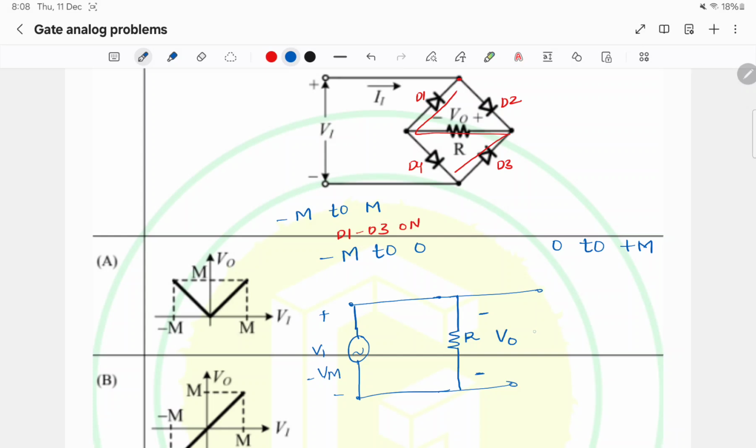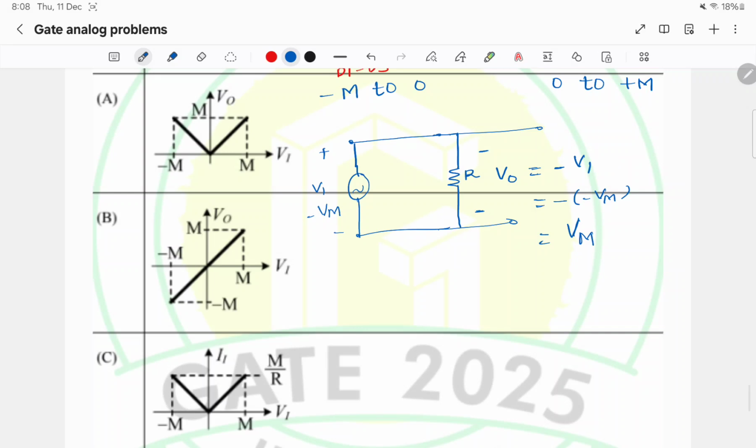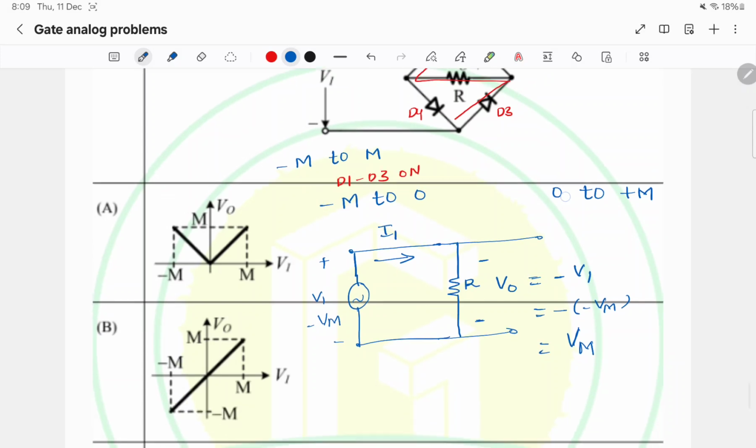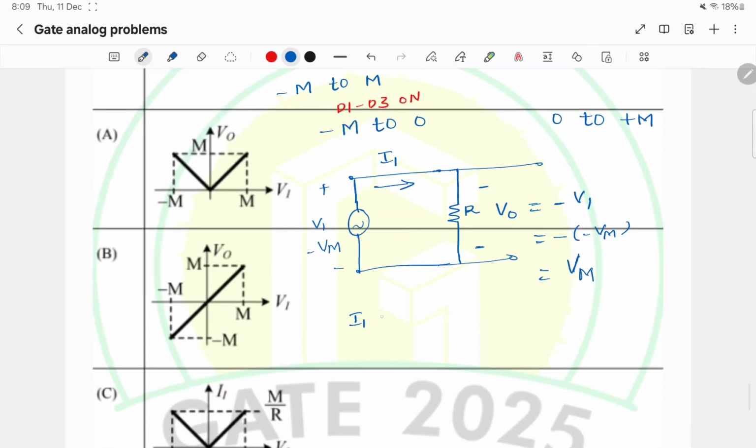Clearly we can see V0 is minus V1, that is minus of minus Vm, which is Vm, and the current I1 is V1 by R. V1 is minus Vm, so the current is minus Vm by R.